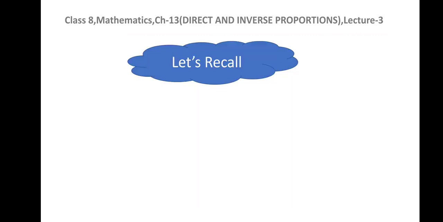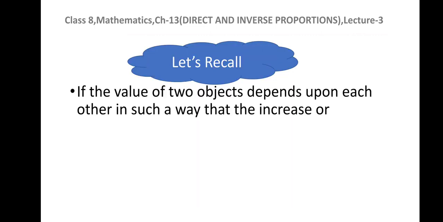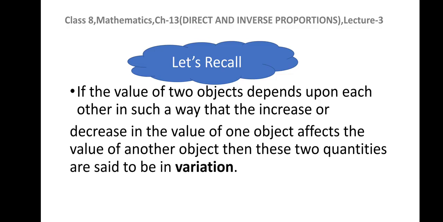Let us recall now. If the value of two objects depends upon each other in such a way that the increase or decrease in the value of one object affects the value of another object, then these two quantities are said to be in variation.